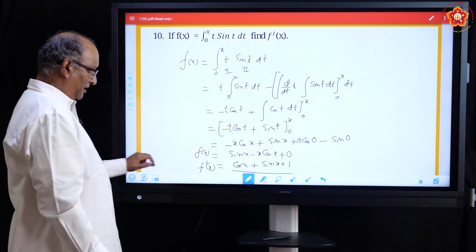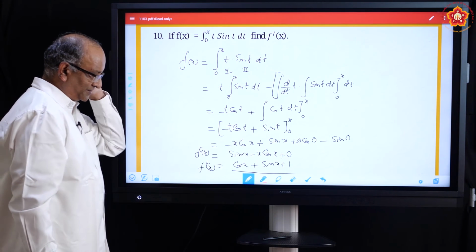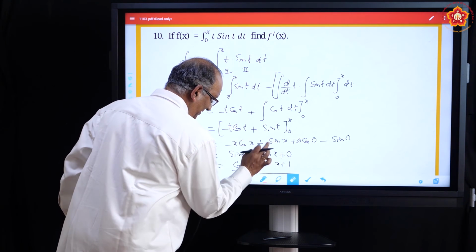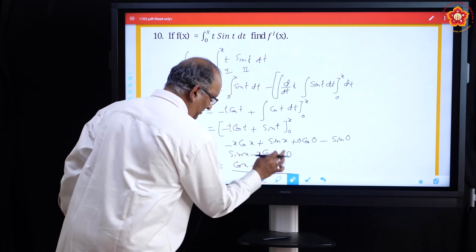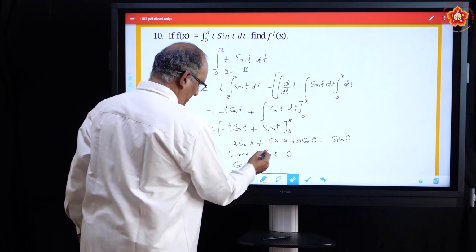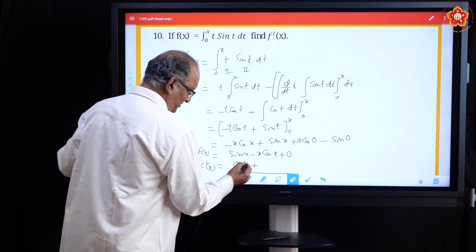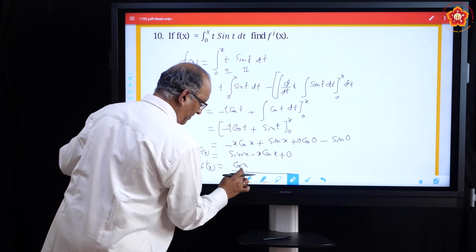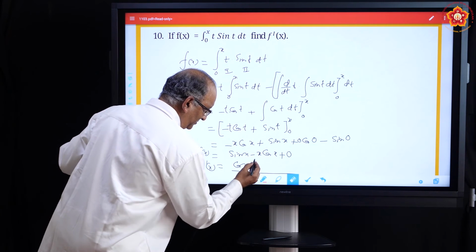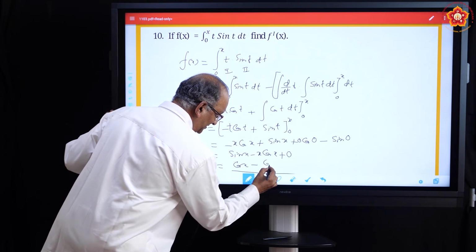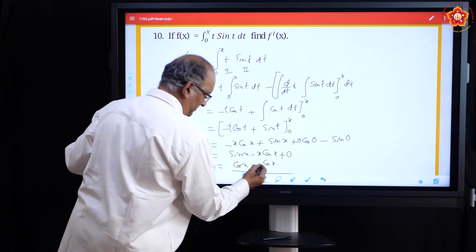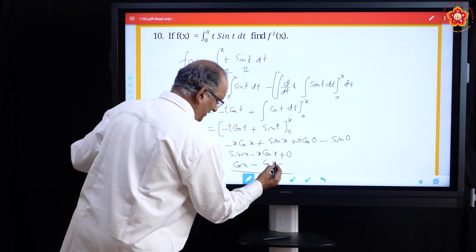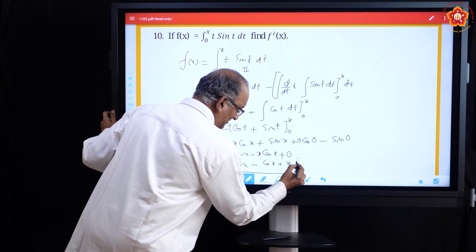Simplify it. The derivative of sin x is cos x. And as far as the derivative of x cos x is concerned, we have to apply the product formula. Derivative of x is 1, so cos x, so minus cos x. And minus derivative of cos x is minus sin x, so plus x sin x.